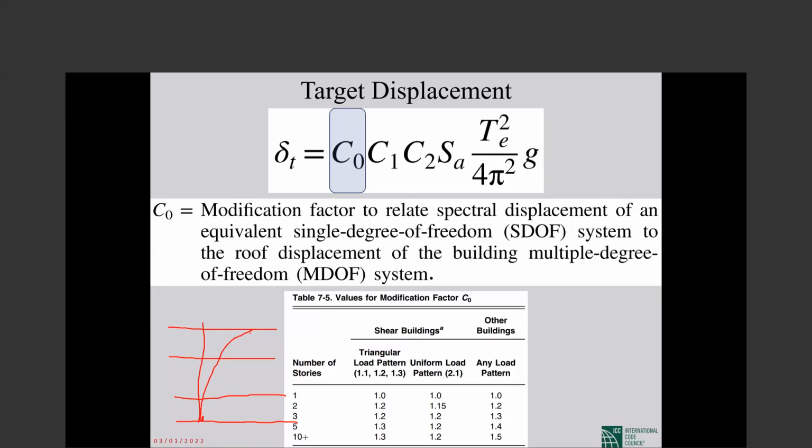But sometimes some systems deform under lateral force like this. So we call their form of deformation shear type deformation. So some are shear type deformation, some are bending type deformation.